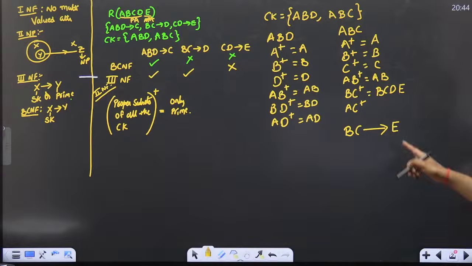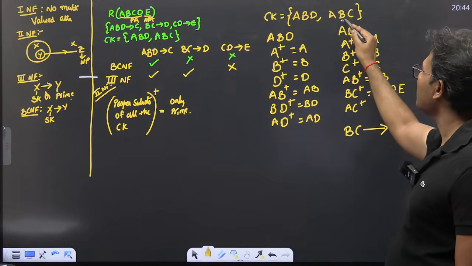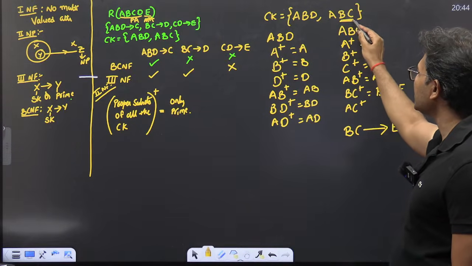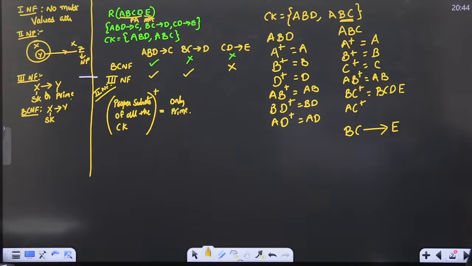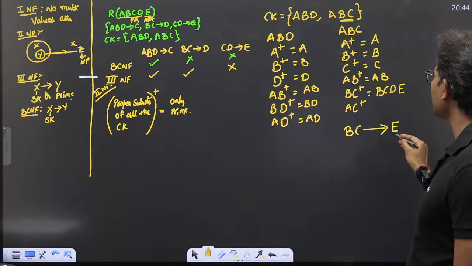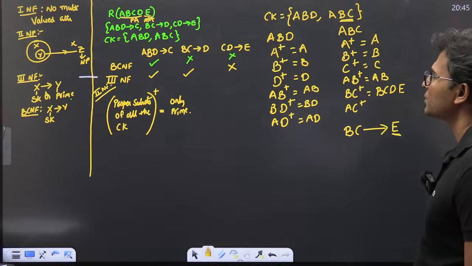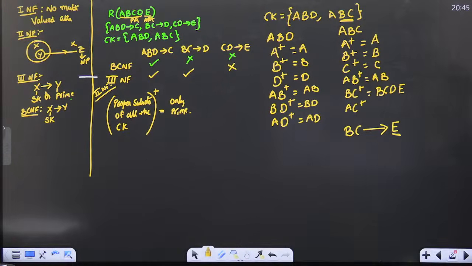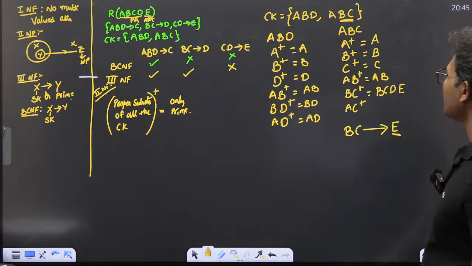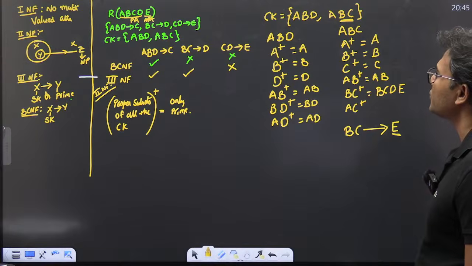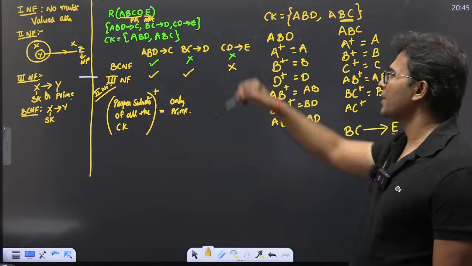So what is BC? If you look at it, BC is a part of a candidate key, and part of a candidate key is determining a non-prime attribute, right? E is a non-prime attribute.